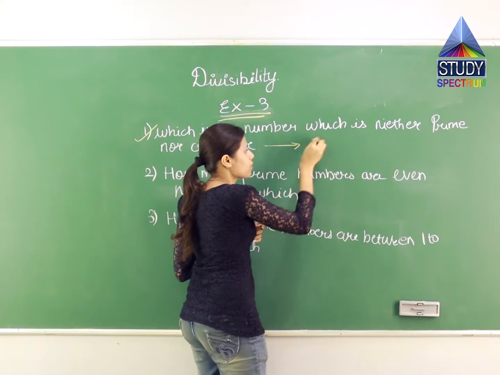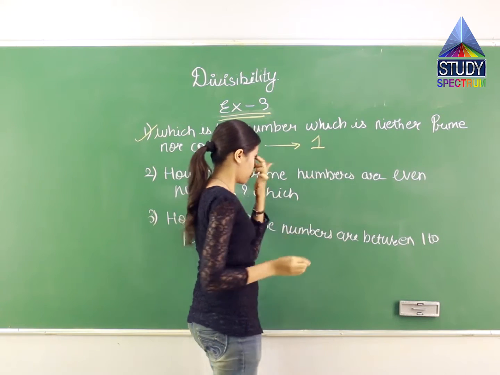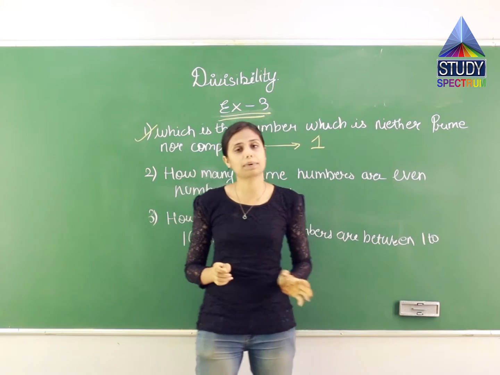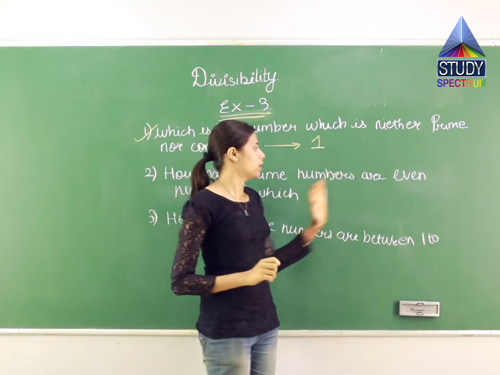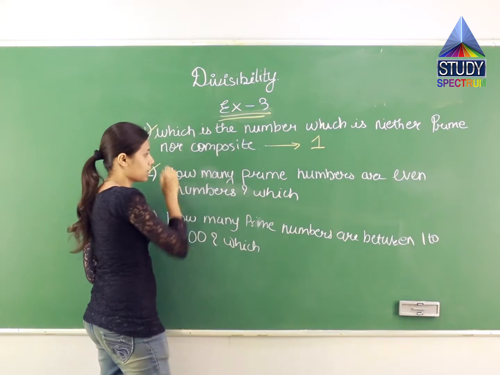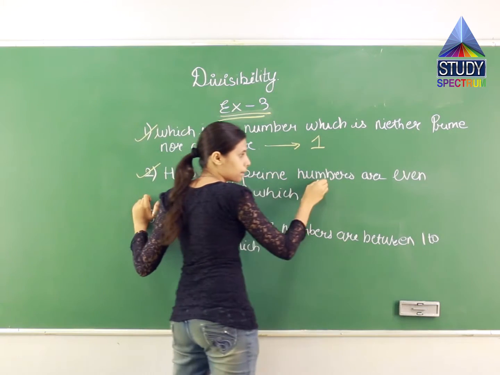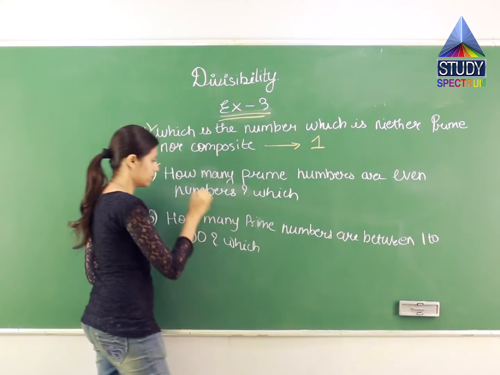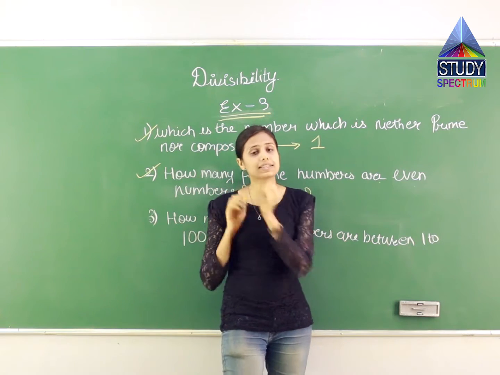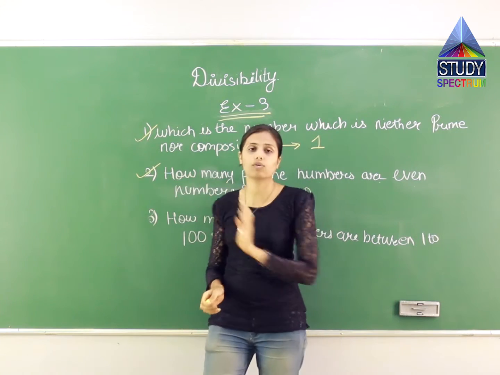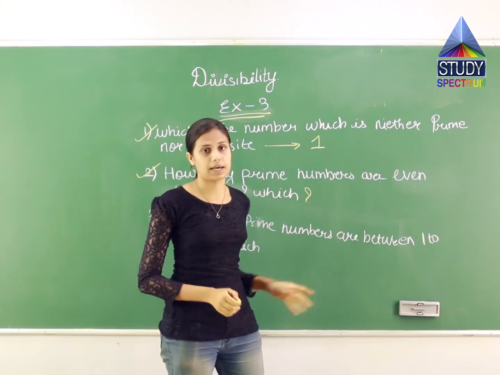The answer is 1. 1 is the number which is neither a prime number nor a composite number. Now the second question, how many prime numbers are even numbers and which? They are asking you how many numbers are there which are even and still prime numbers.